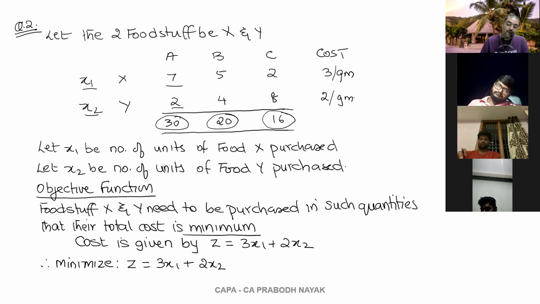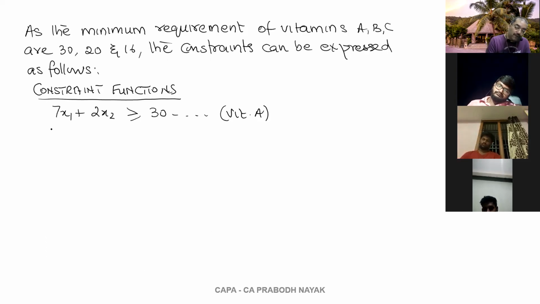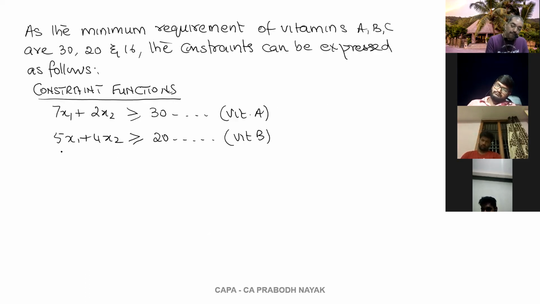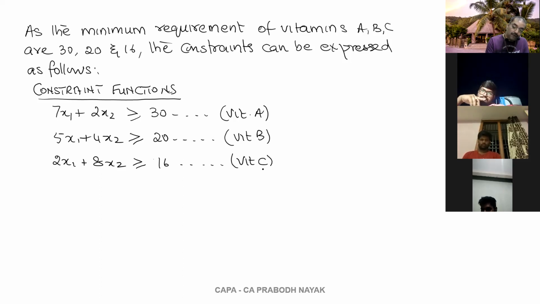Then for vitamin B, 5x1 plus 4x2 greater than or equal to 20. That is for vitamin B. And the last one is 2x1 plus 8x2 greater than or equal to 16. Vitamin C.